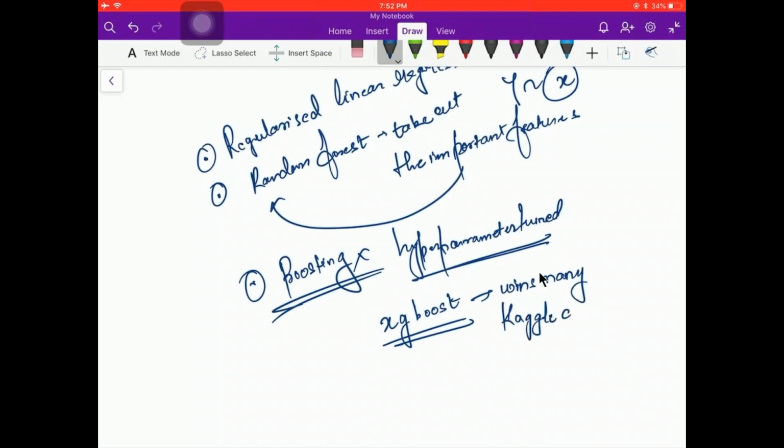People use this widely. The only problem is that it is not very interpretable. That's why in industry, if your boss says that he doesn't want to understand boosting because it's not very interpretable, he may constrain you to random forest. But boosting is a very good algorithm to do.